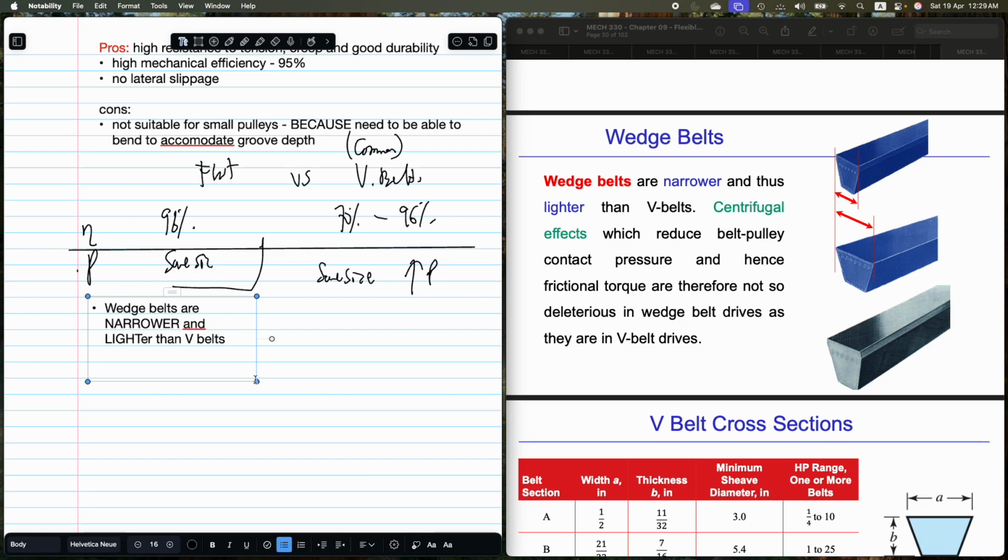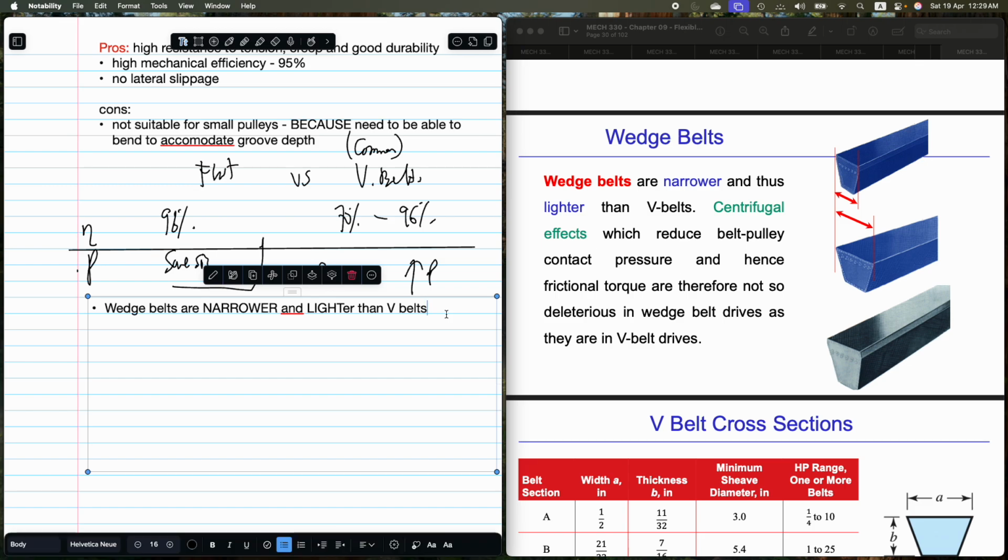Okay, cool. What else do you know about this? Centrifugal effects reduce belt pulley contact pressure and friction torque, and are therefore not so harmful.